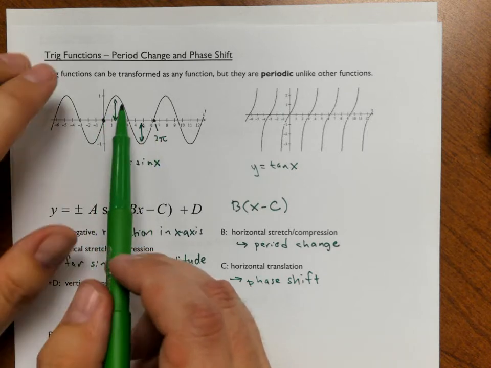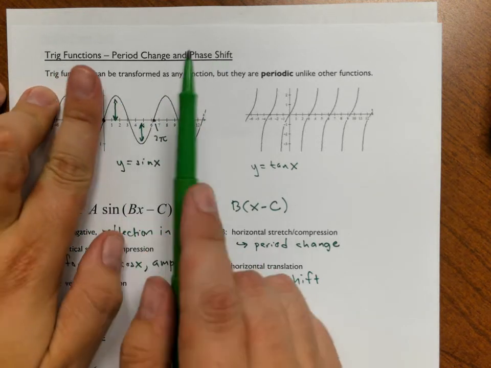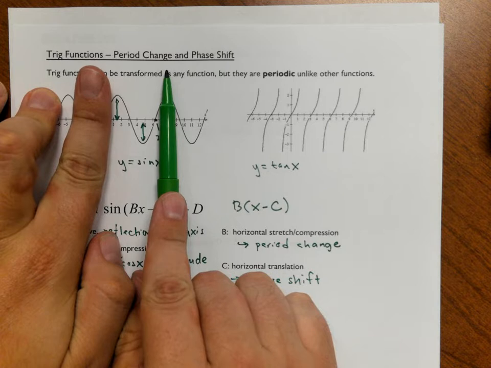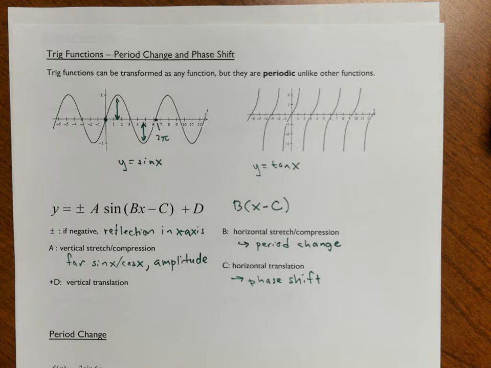I'll just be looking at a different piece of it. If I moved this a little bit over, I might be looking at this part of the graph instead, between my finger and my pen, which is still one full cycle, but not the normal piece of the graph that I would be looking at. So it's called a phase shift.